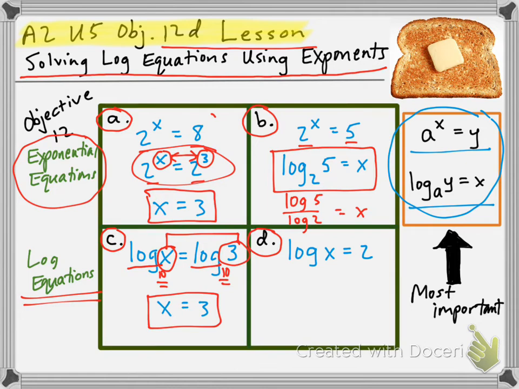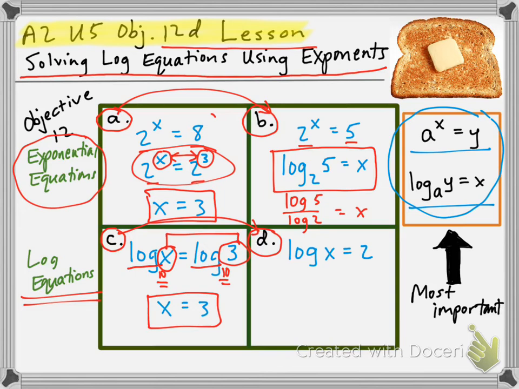Well, just like when we made the transition from 12A to 12B, we're going to make the transition from 12C to 12D. Now, Objective 12 is just solving exponential and log equations, and I like to put them all together. That way you can see the patterns, the similarities as well as the differences.